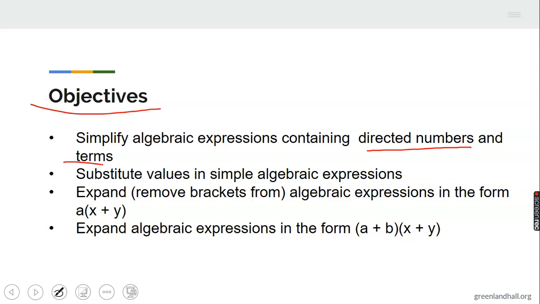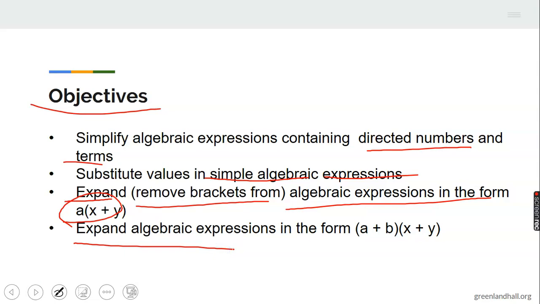Substitute value in simple algebraic expressions. Expand. Another word for expand is to remove brackets from. Expand algebraic expression in the form of x open bracket x plus y. And then lastly, expand algebraic expression in the form of two brackets.